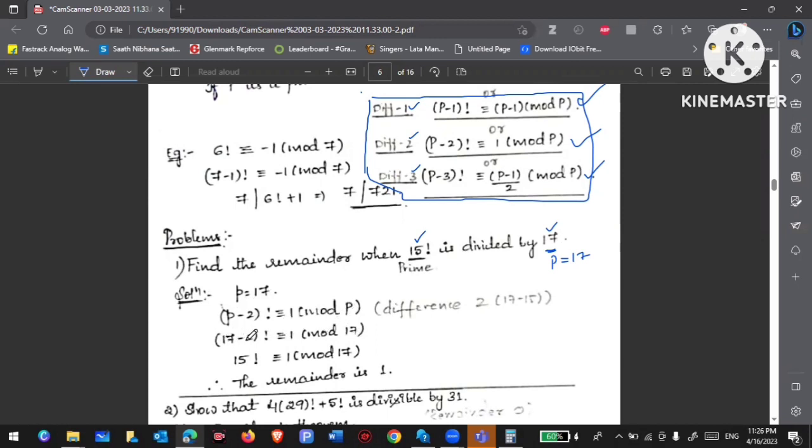We'll get 17 minus 2 is 15 factorial, that is what we want. 15 factorial congruent to 1 mod 17. So the remainder is how much? 1. This is the remainder. Therefore, the remainder will be 1. That's the solution for the first problem.